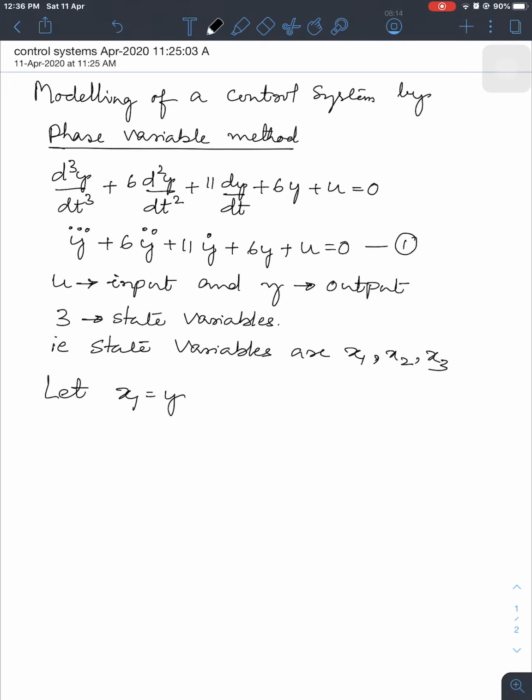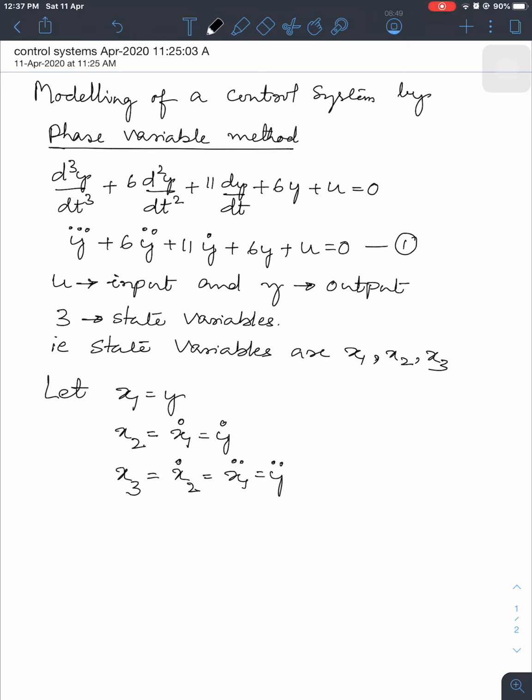That is x1 equal to y. The second state variable x2 is the first derivative of the first state variable. That is x2 is x1 dot, which is equal to y dot. Now the third state variable x3 is the first derivative of the previous state variable, that is x2 dot. This can also be written as x1 double dot, which is also equal to y double dot.